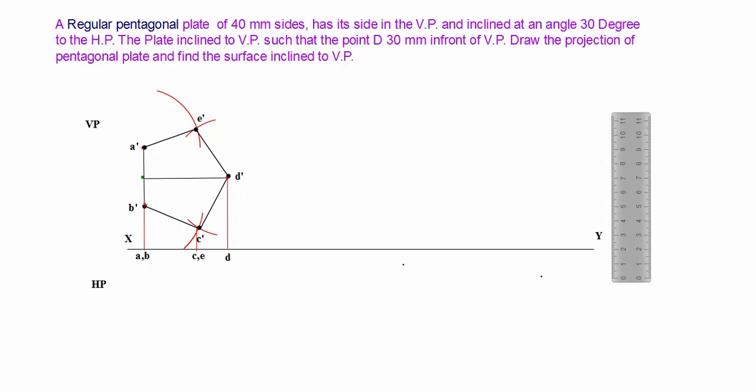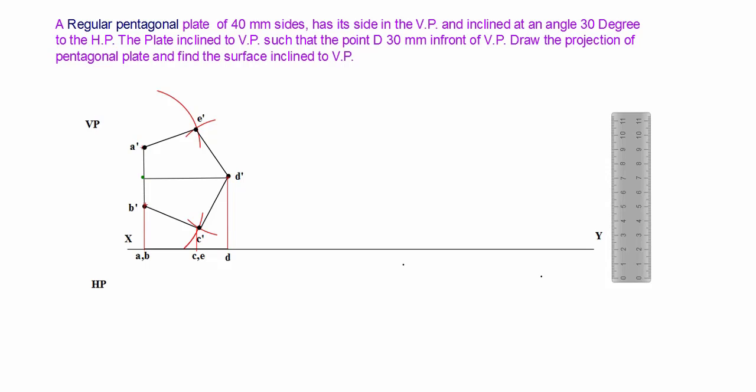Now understand friends, when your plate is in VP, the elevation is always a true shape of the plate. We can start our problem with a true shape of the pentagon.